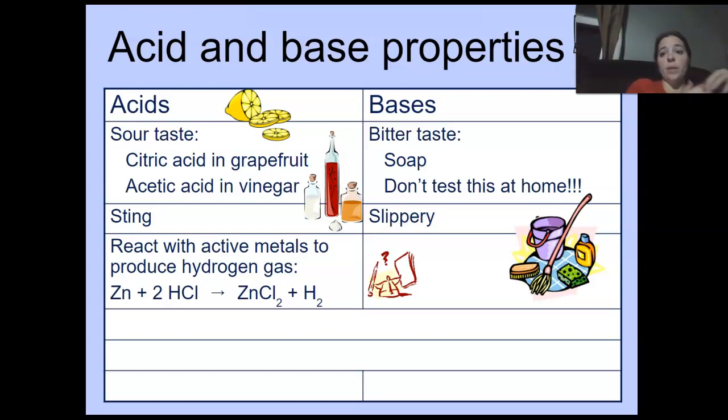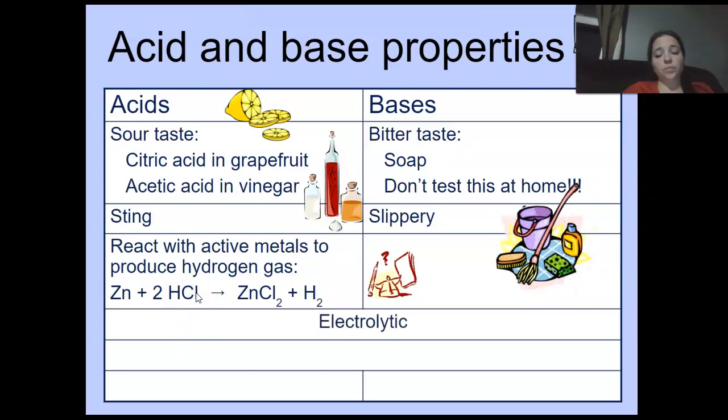I had you look at them, I'm like, what do you see? You all mentioned, it's bubbling, it's moving. The bubbles were when the zinc was replacing the hydrogen in the hydrochloric acid.